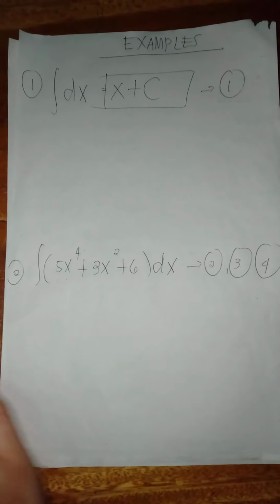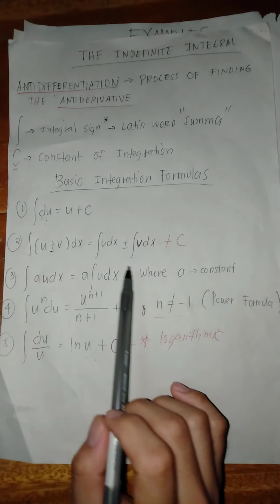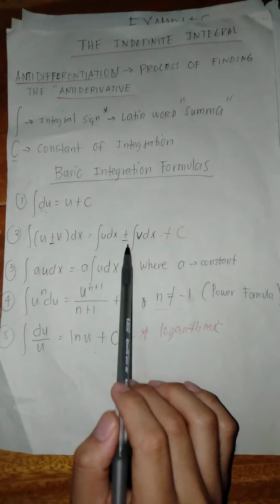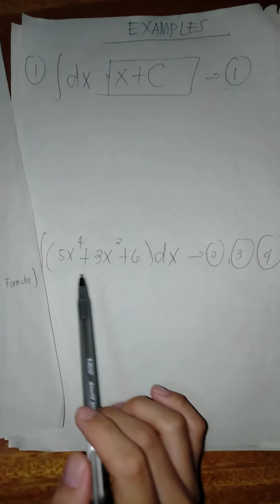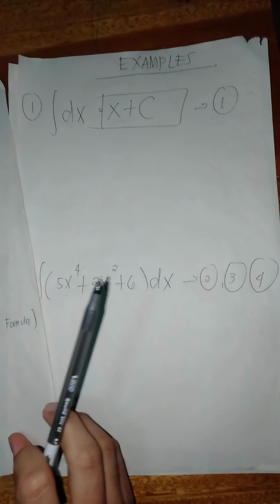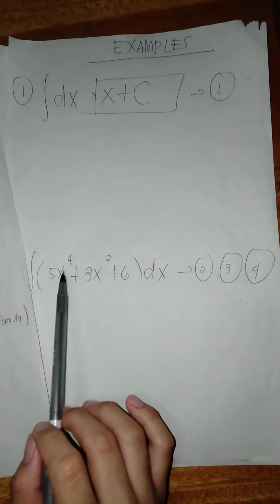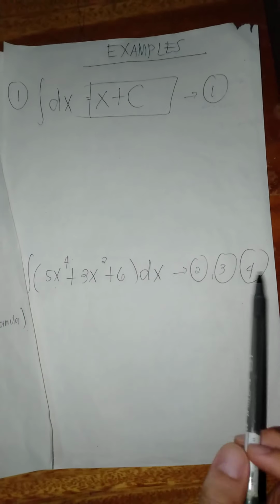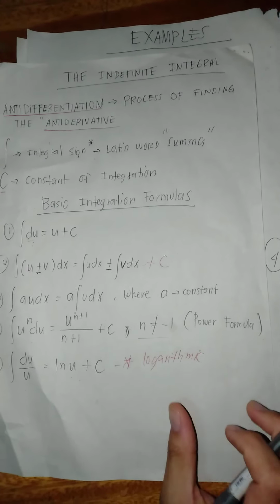Then, after applying formula 2, we distribute the integral sign. Since may constant yan, we have 5, 3, tsaka 6, so apply natin yung 3. And of course, since you have exponents, gagamit tayo ng 4, which is your power formula.